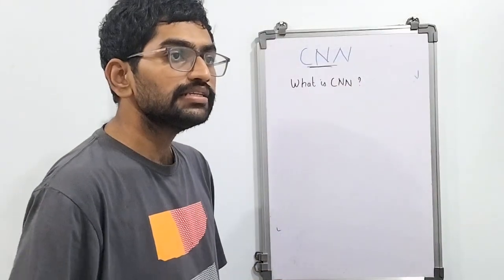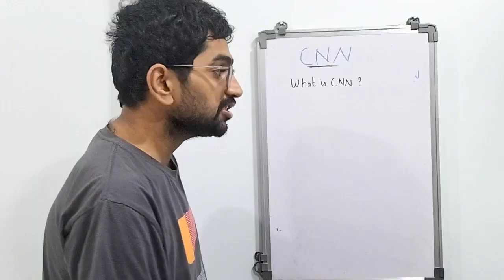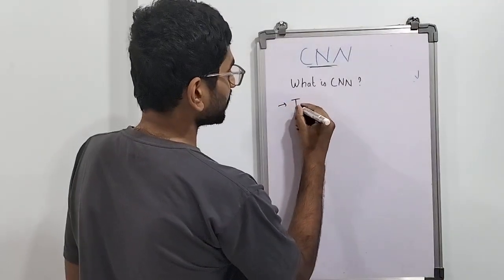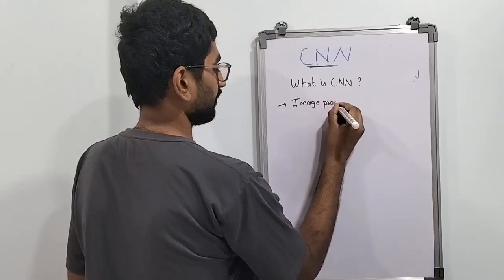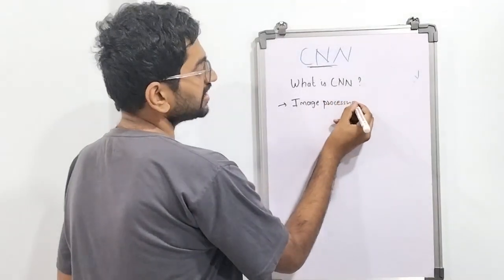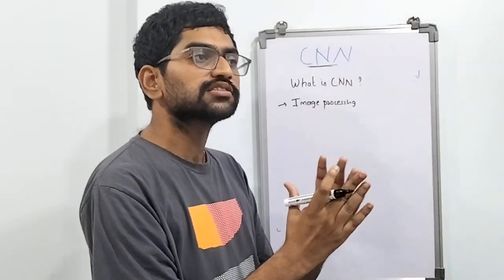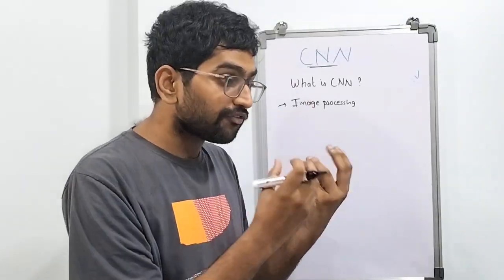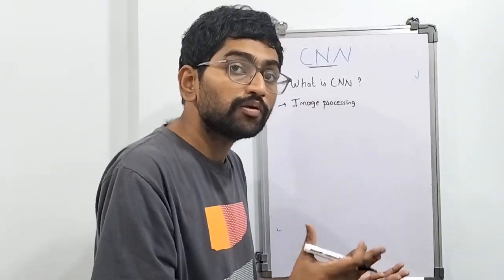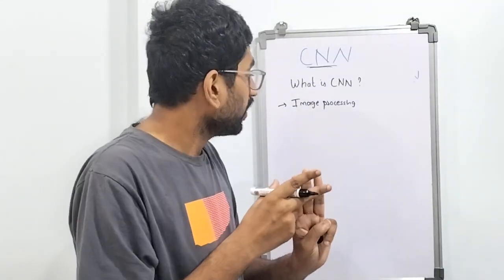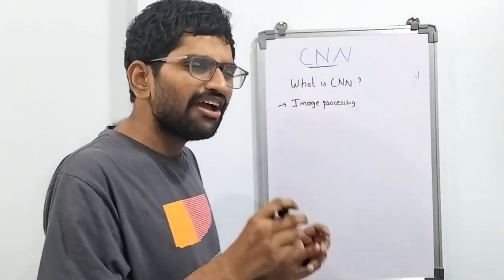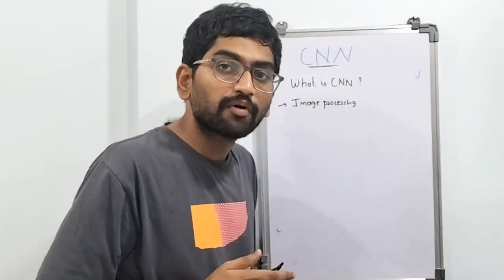So CNN is a neural network concept which is basically used for image processing, object detection, and all the tasks where images play a very important role in training the model. There you will be using the concept of CNN. It is very important for computer vision, object detection, and image processing. Everywhere this CNN plays a very important role.